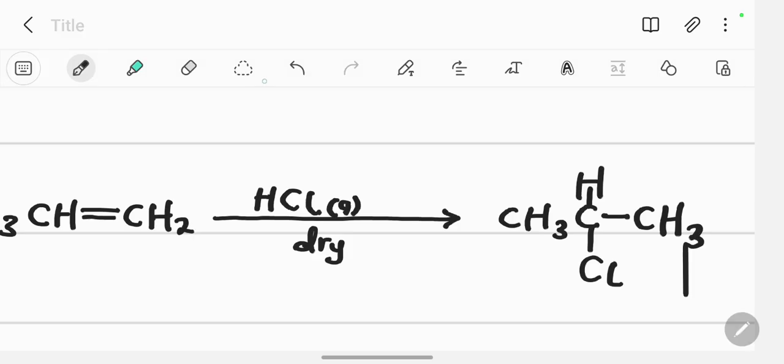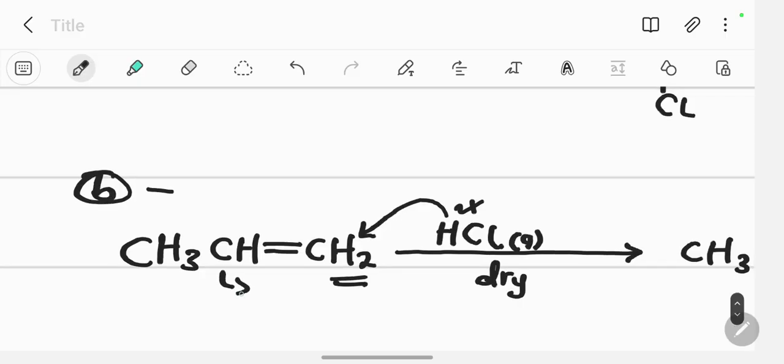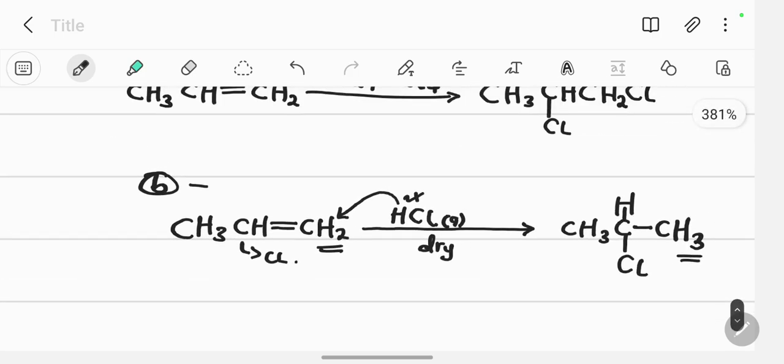So we are using Markovnikov's rule, if you remember that rule. Markovnikov's rule says that the carbon with the highest number of hydrogen atoms will take that hydrogen there. So this one was 2, it gets the 3. Then the one that has the least number takes the remaining halogen, chlorine there.